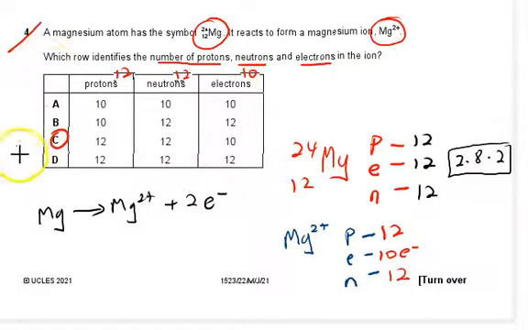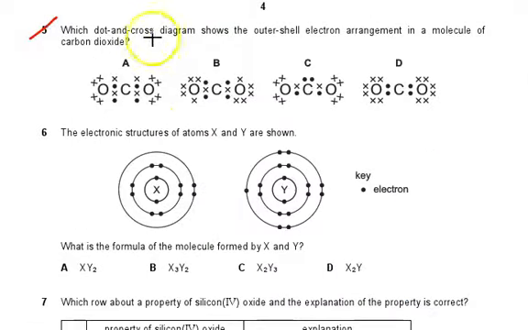Okay, now we move on to number 5. Which dot and cross diagram shows the outer shell electron arrangement in a molecule of carbon dioxide? Let me explain the entire process. Carbon dioxide.